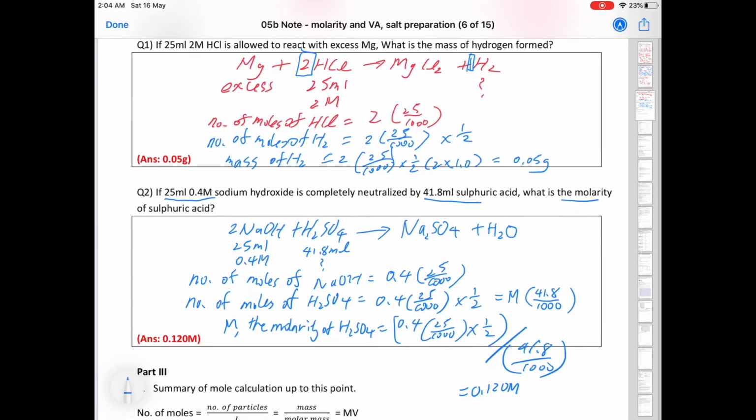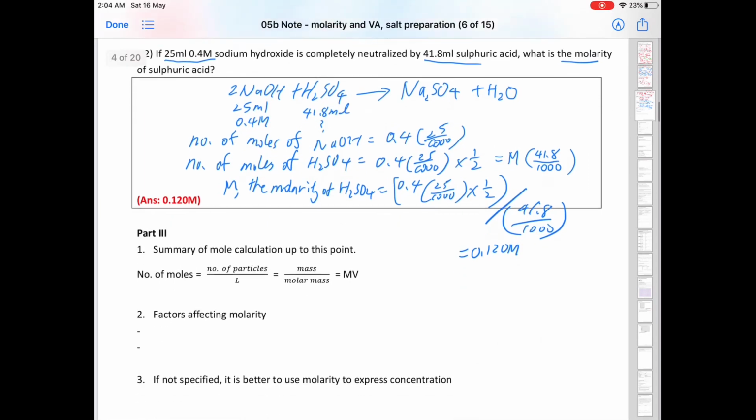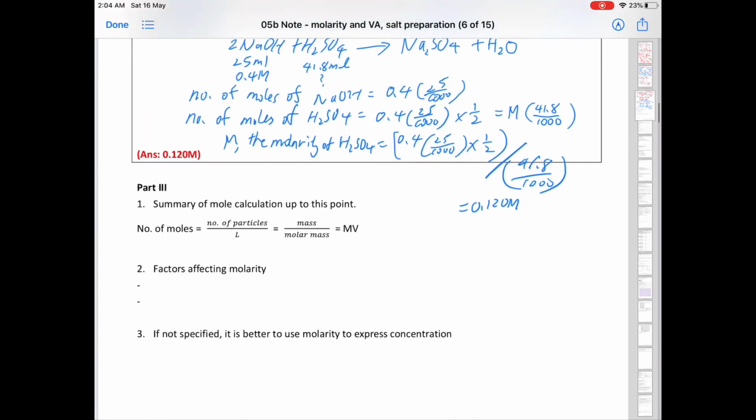Oh, is it clear how to do this? In this chapter, you actually learn not so many things, just one more relationship, that number of moles equals MV. I like to present it this way because we can link all the number of moles equations together. Number of moles equals number of particles divided by L, equals mass divided by molar mass, and equals MV.